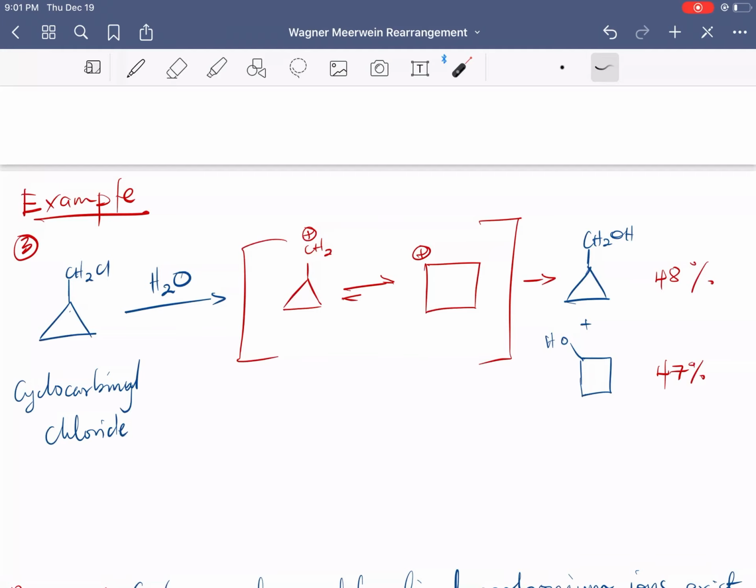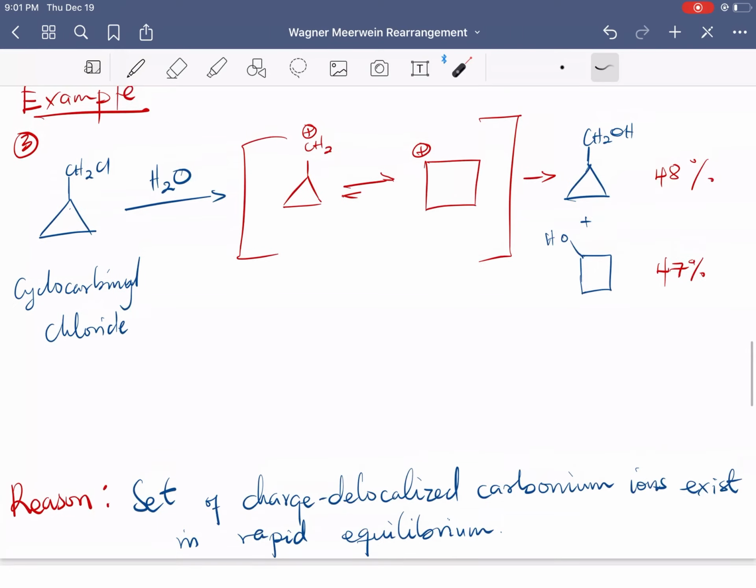Now we also see that this reaction produces two products. Now the yields of these two products are very close. So the question is, why do we have high yields for both the rearranged product and the normal product?